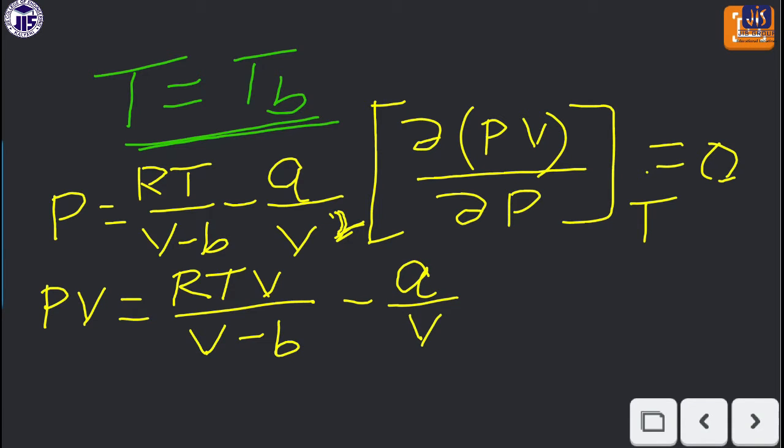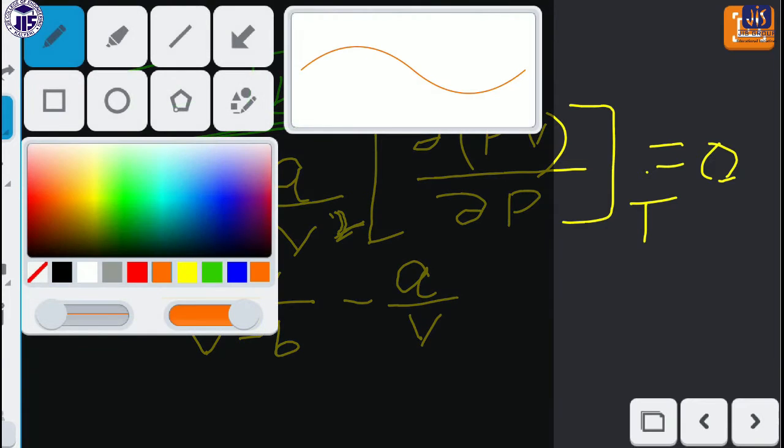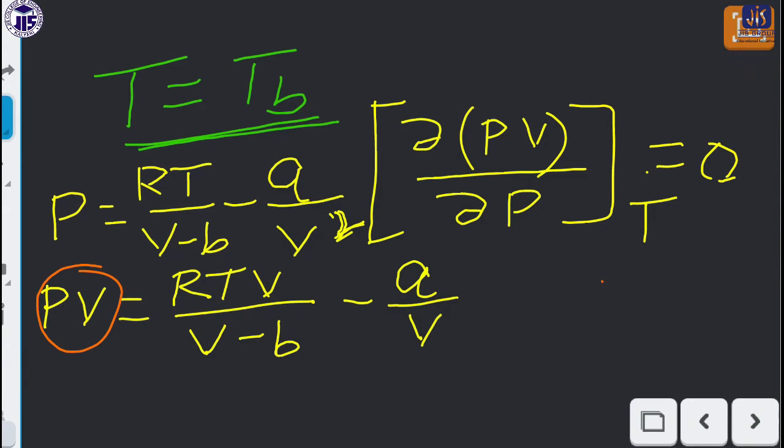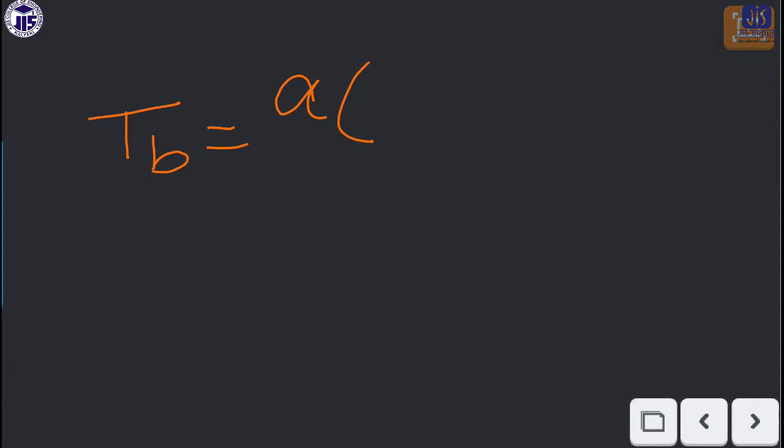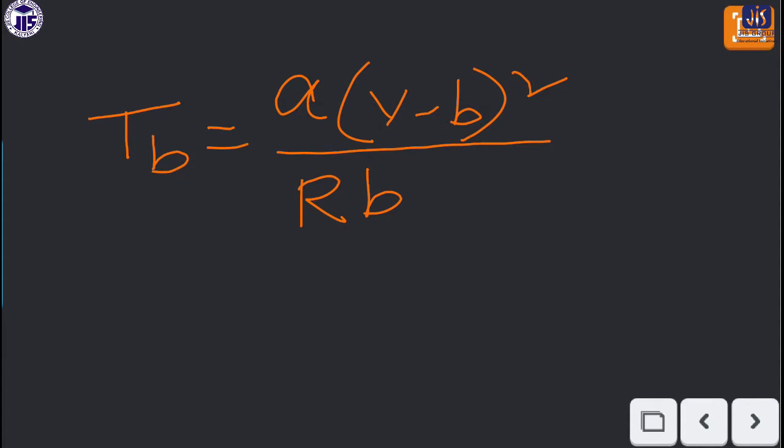Now we have to integrate this equation, this PV, and after integration we get that TB is equal to A into (V minus B) square divided by R B into V square.